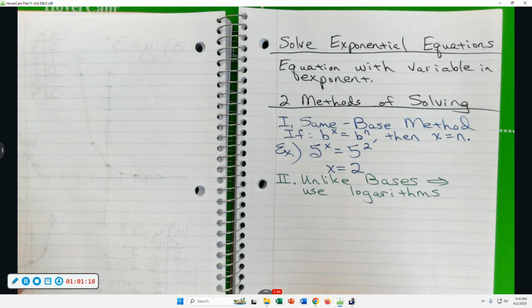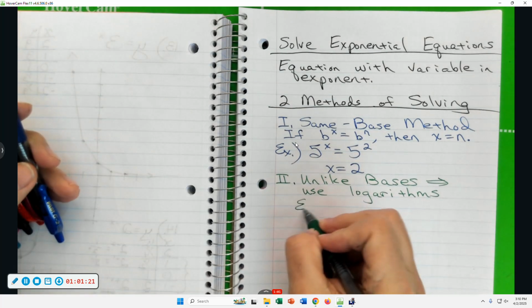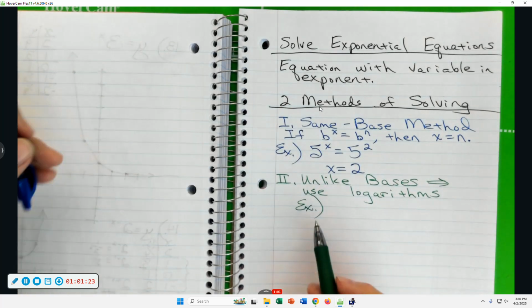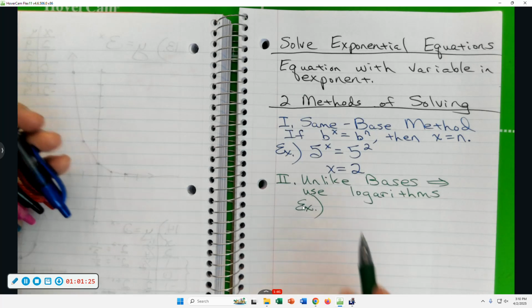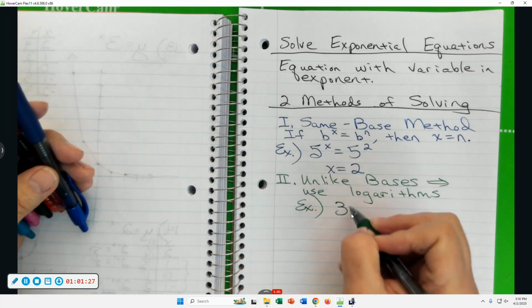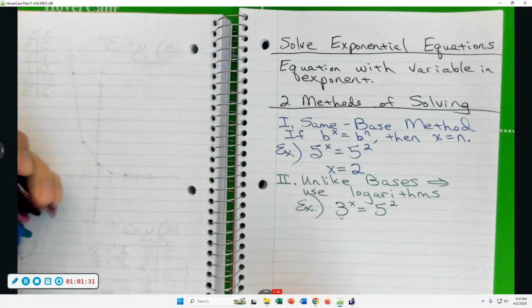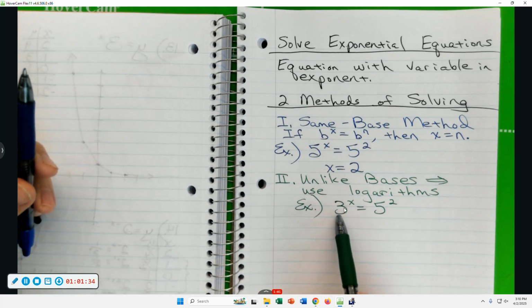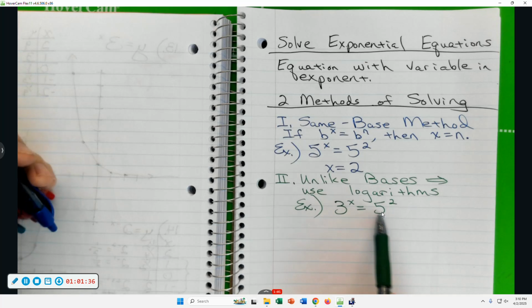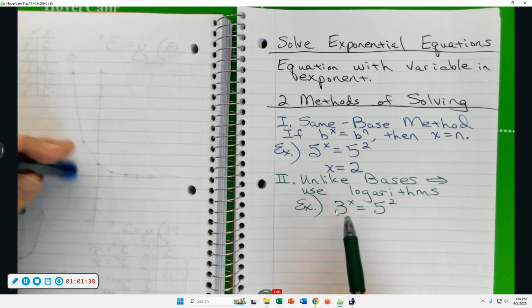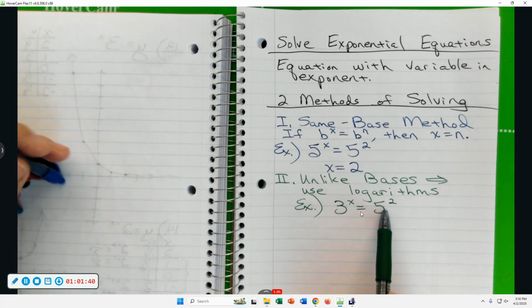Here's an example. Suppose 3 to the x equals 5 squared. 3 and 5 are both prime numbers. You can't write 5 as a power of 3 using integer powers.